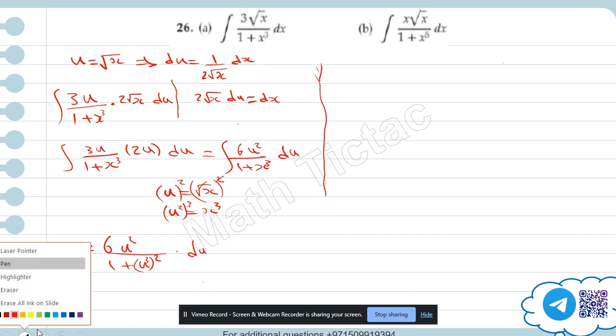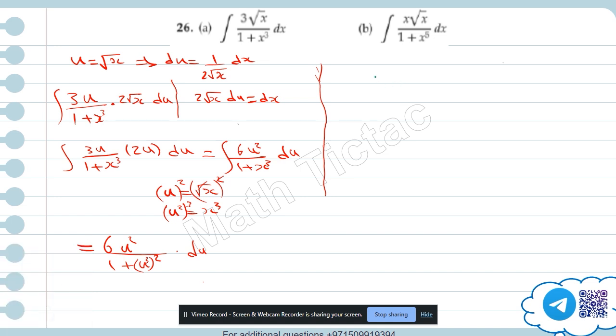So I will make another substitution, another assumption. I will say, for example, z is equal to u cubed, then dz equal to 3u squared du. Then dz over 3u squared is equal to du. Now I'll start the substitution.